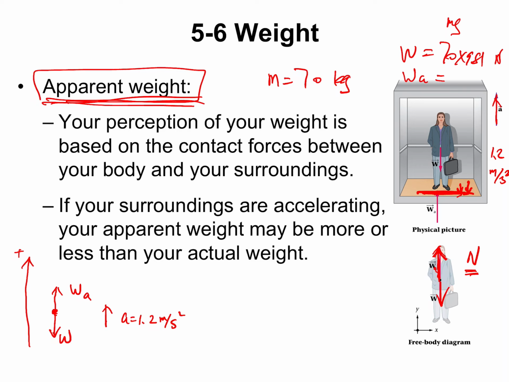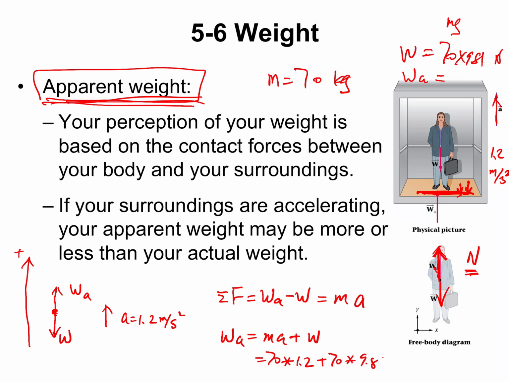Convenient. In this case, this is a one-dimensional problem. Net force equals WA minus W, and this equals ma. a is up, so WA equals ma plus W. So m is 70 times a, 1.2 meters per second squared, plus 70 times 9.81.